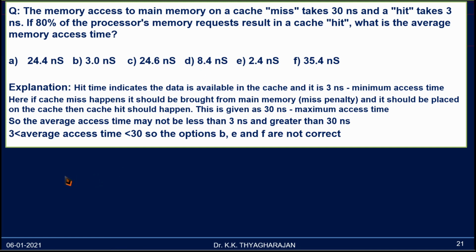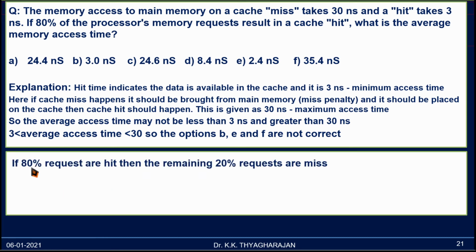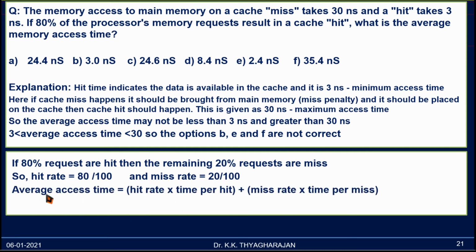For that, you have to calculate the memory access time. It may be calculated like this. If 80% requests are hit, then the remaining 20% requests are miss. So hit rate is 80 divided by 100 and miss rate is 20 divided by 100. The average access time is equal to hit rate into time per hit plus miss rate into time per miss.